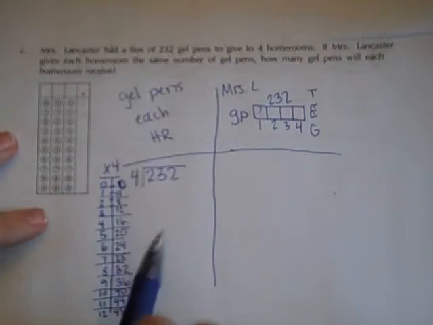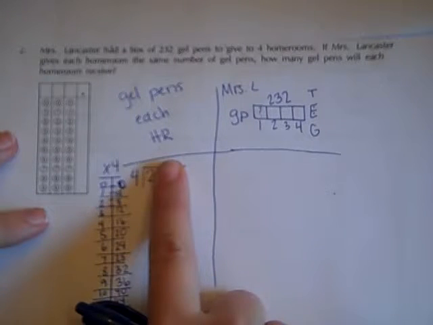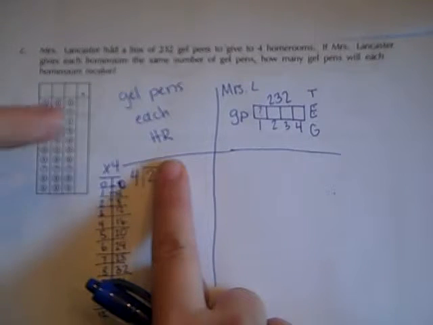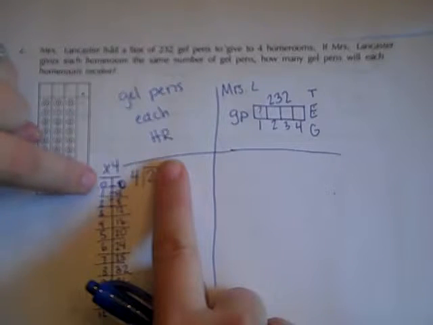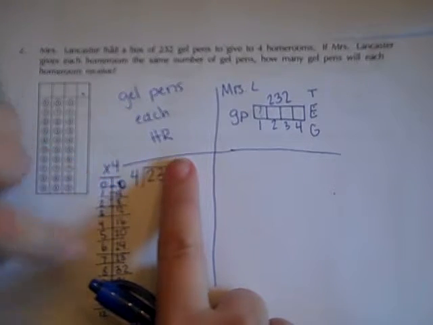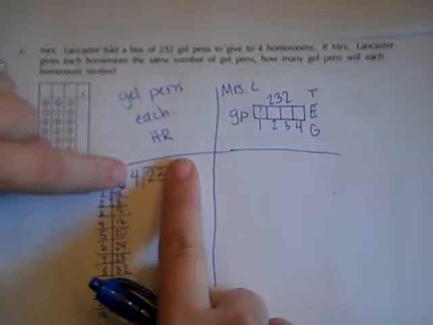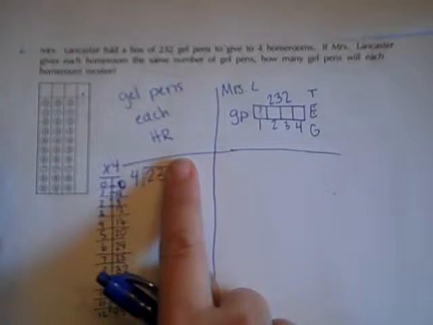Okay, so now, first thing I do is I'm going to cover up all the numbers except for the first one. And I'm going to ask myself, can I multiply 4 times anything to equal 2? No, because 1 times 4 is 4. That's too big. So I need to go over one more. Can I multiply anything times 4 to equal 23?